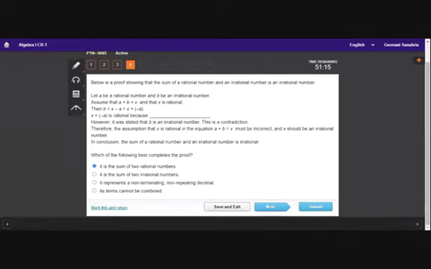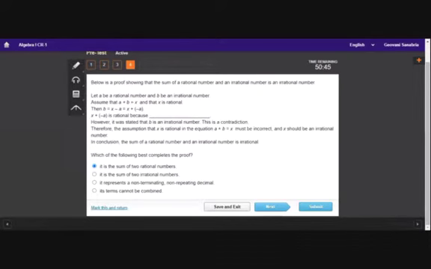It's complicated. So what they're doing is called a proof by contradiction, where you assume something. When it says assume that a plus b equals x and that x is rational, if you assume that x is rational and then you get some kind of contradiction, then whatever you assumed has to be the thing that's wrong.